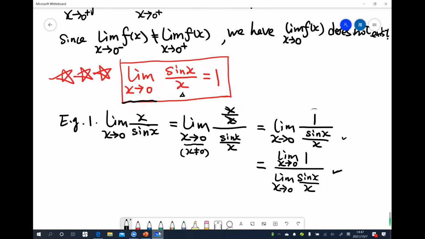How did it come? We just divide x both up and down here. That is also the same because we divide by the same value.